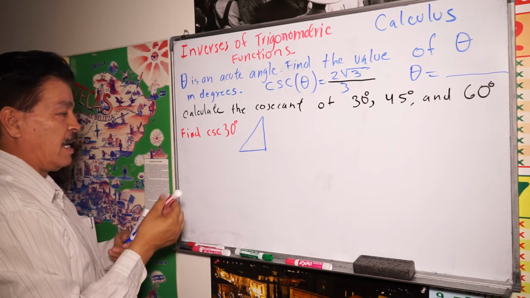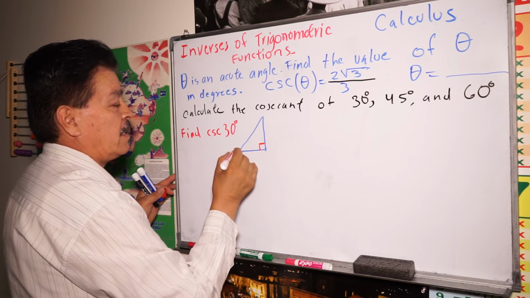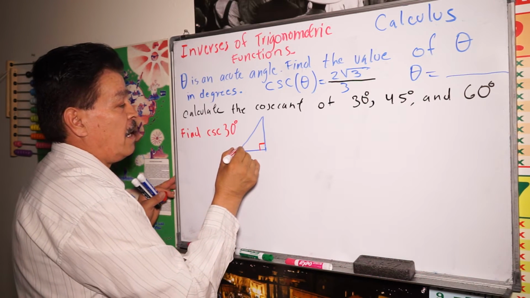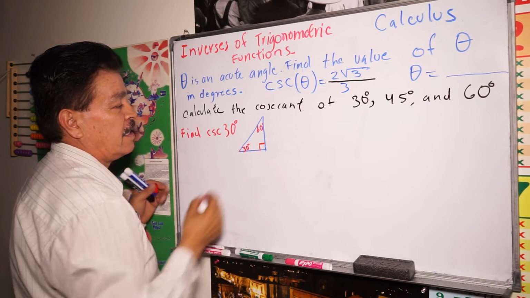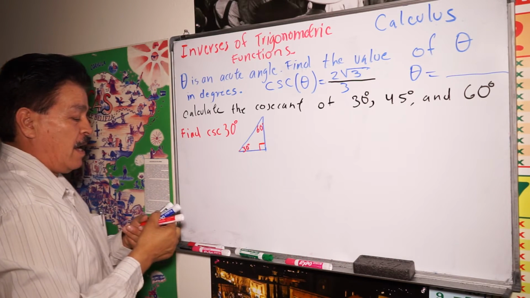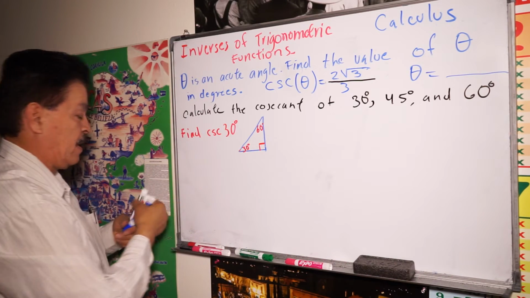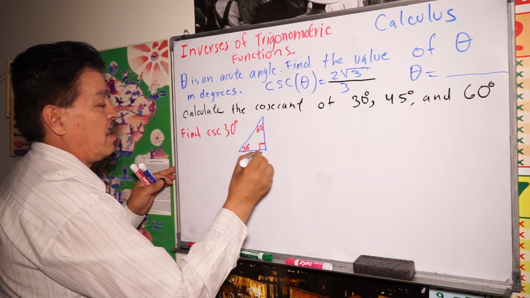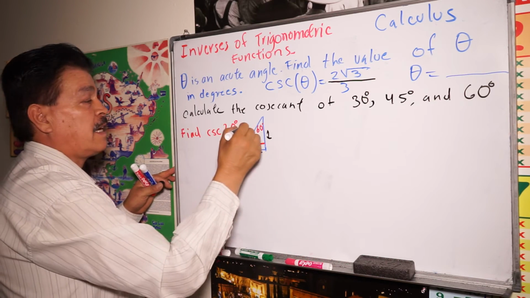This side is going to be 30 and 60 degrees, and this side is square root of 3. This side is 1, and this side is 2.